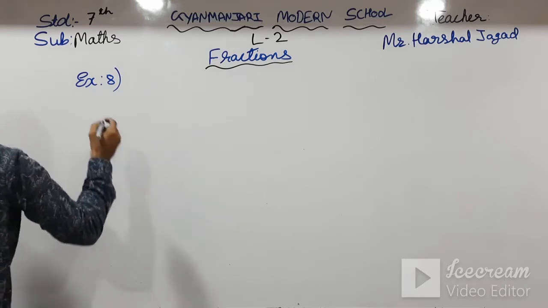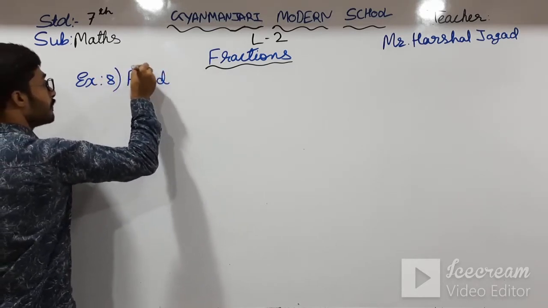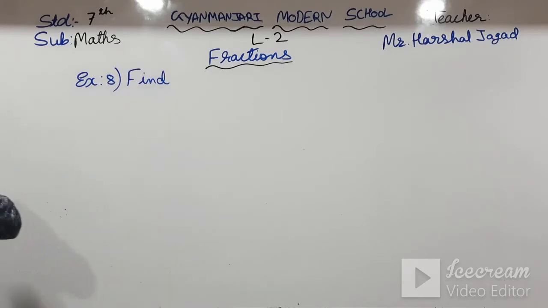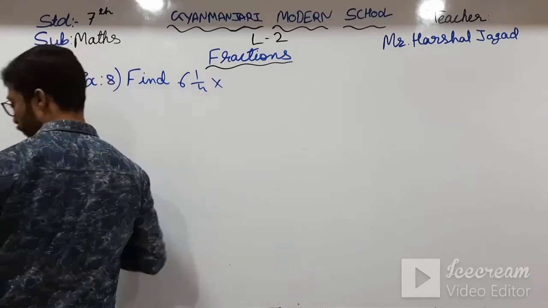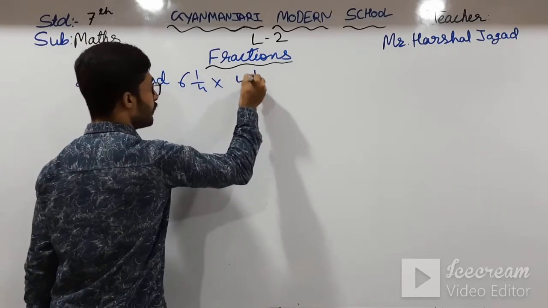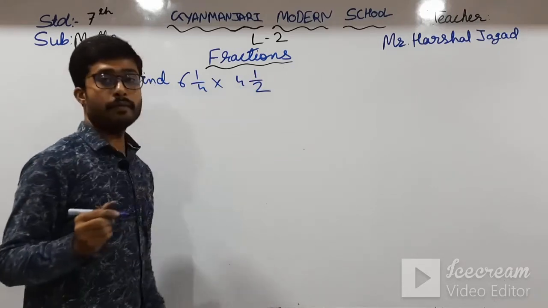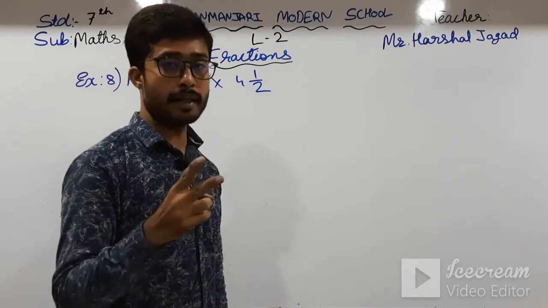Find 6 1/4 into 4 1/2. For the multiplication of mixed fractions, there were two methods.